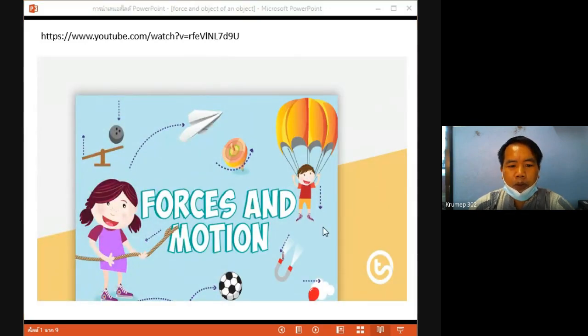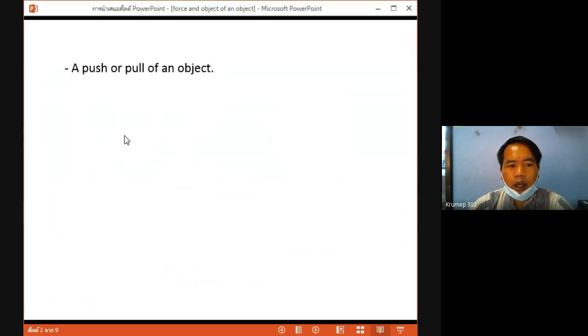If we say force and motion, we have here a push or pull of an object. So that is force. Again, force is a push or pull of an object.